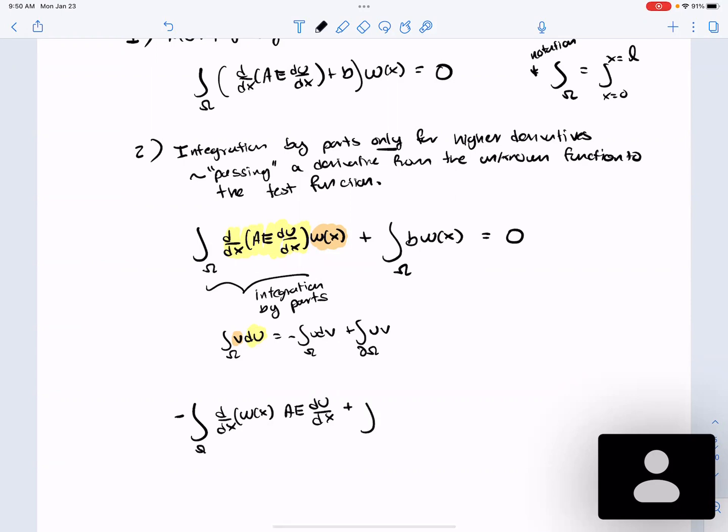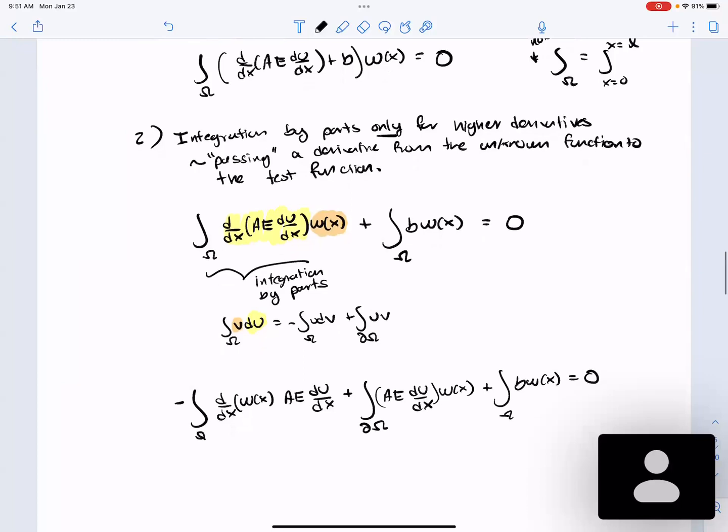But then I need to add an integral over the boundary of just the u and the v without this derivative. So that would just be AE du/dx times w. And then the other integral is not affected. This is just b w of x equals 0.